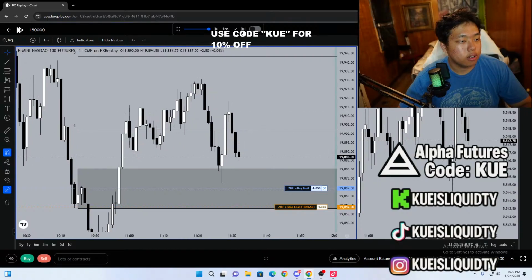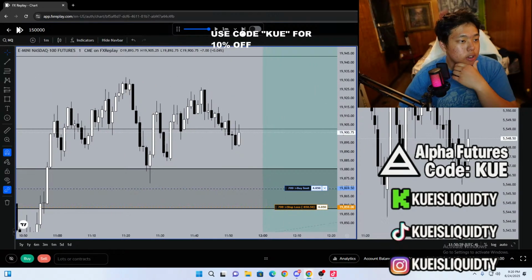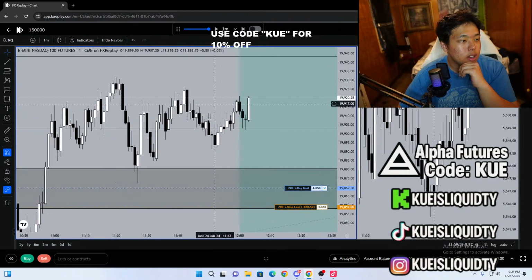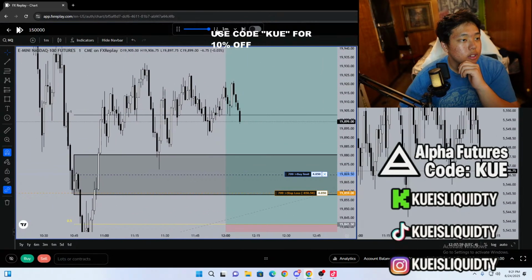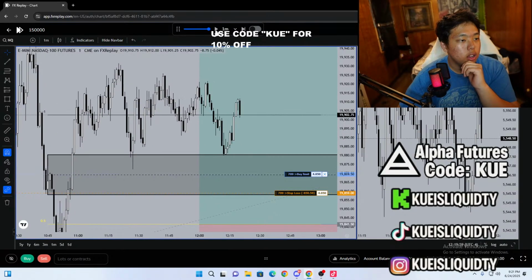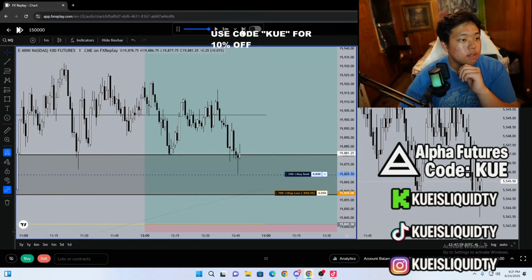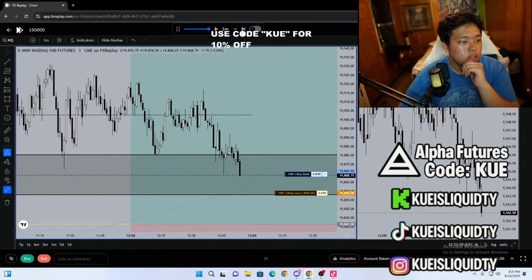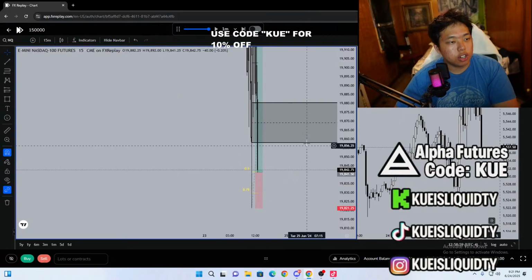Let's see what happens right here. We don't get tagged at the CE of this breaker. We just kind of edge here. We get edged here twice.